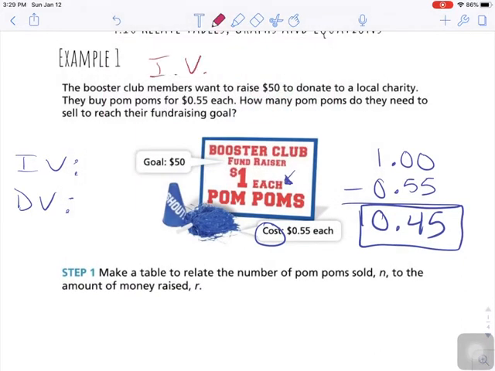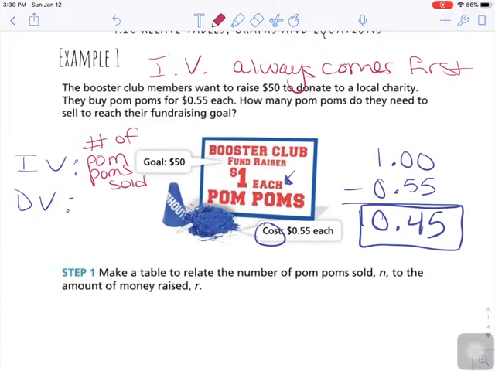So the independent variable always comes first. What I mean by that is, we don't get any money here until we sell a pom-pom. So the first thing we have to do is sell a pom-pom before we can make the money. So that's our independent variable, the number of pom-poms sold.